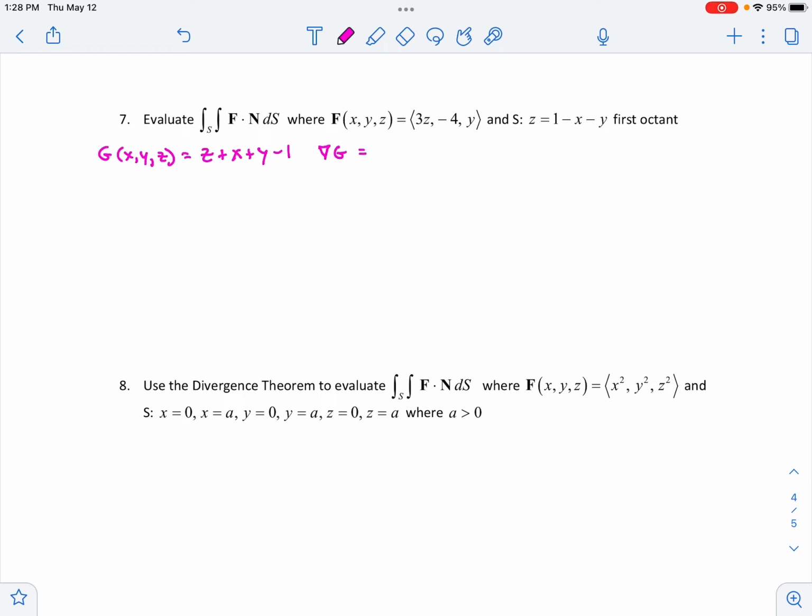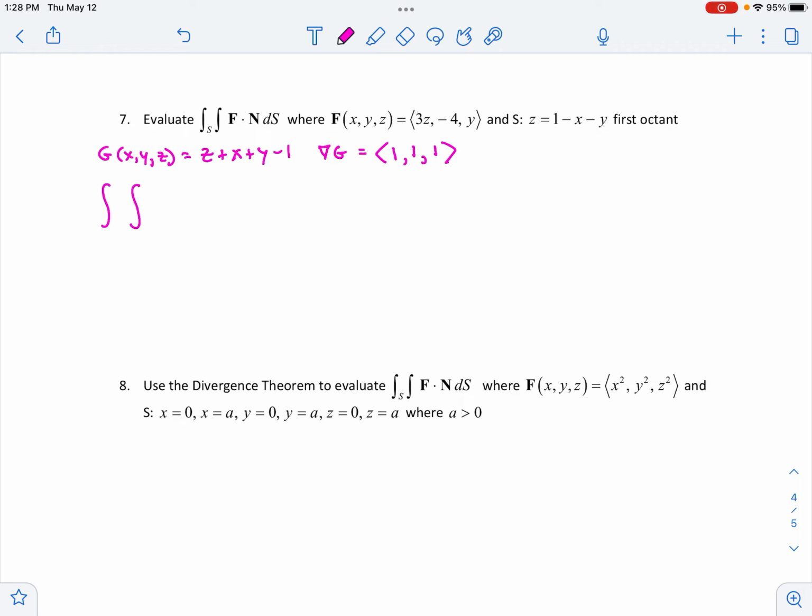So I can do that. I can get the gradient. So this is going to be partial with respect to x, partial with respect to y, and partial with respect to z. Okay? So I got that from that surface. Now, here's the way I'm going to set this up.